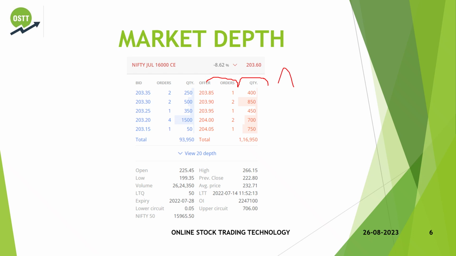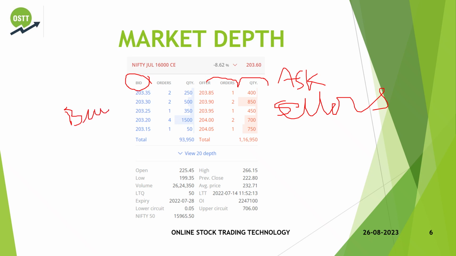That is, these people are asking, they are giving the prices for buyers to buy. They are all sellers. Sellers are here. Here, this bid side is called the buyers. They are all bidding the prices for buying the stock at some particular price.